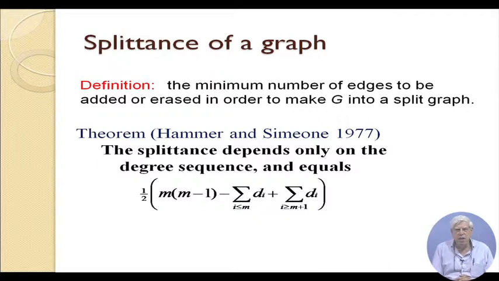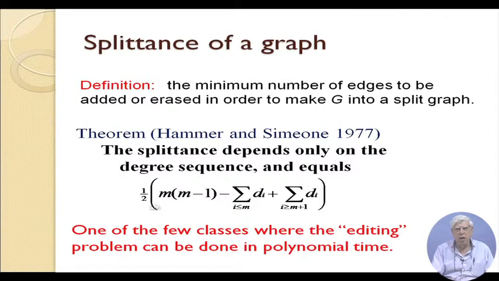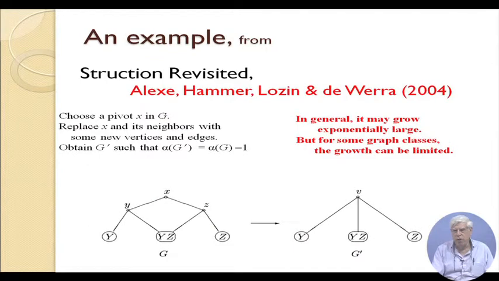And it equals this number. So you'll recognize these terms again. And if you take that and take half of it, you get that the splittance depends only on whether or not this is satisfied. Okay, so this is one of the few classes where editing can be done in polynomial time.